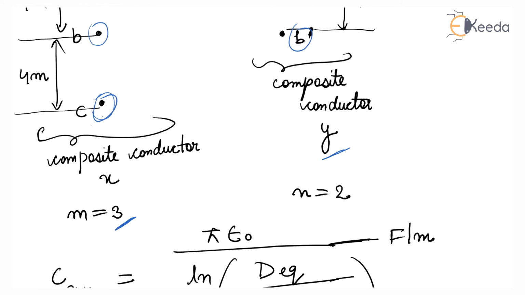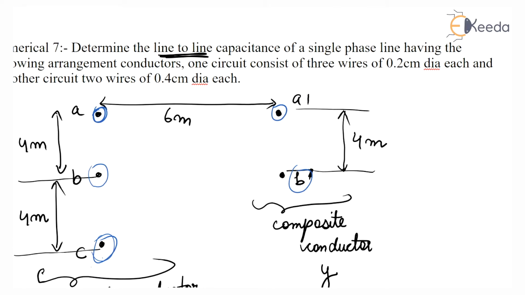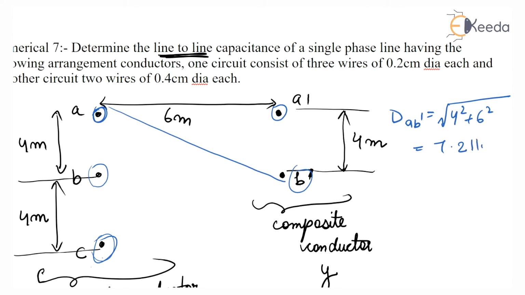into the distance from A to B dash, which we need to find out. A to A dash is 6 and A to B dash is 4, so the distance from A to B dash is equal to the square root of 4 square plus 6 square, which is 7.211 meter.